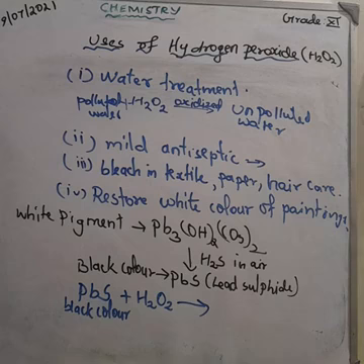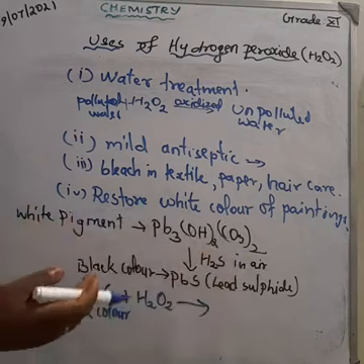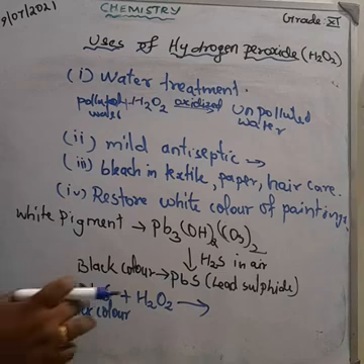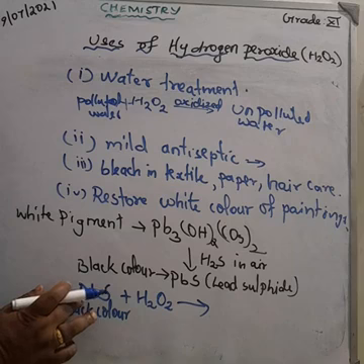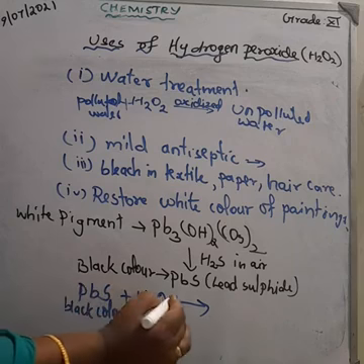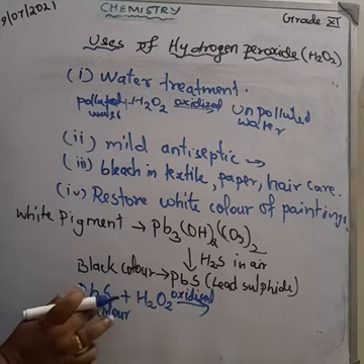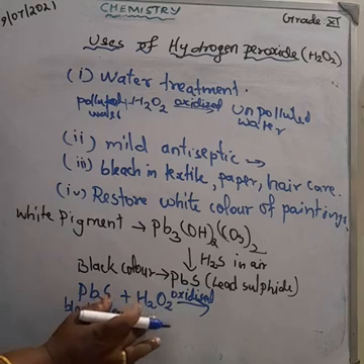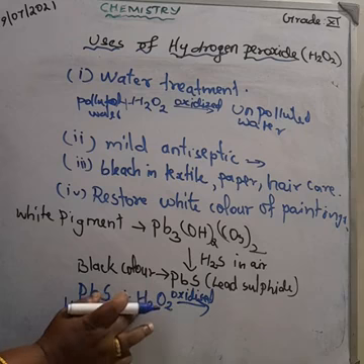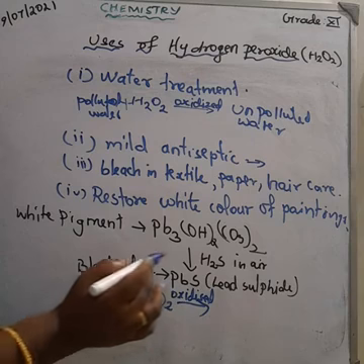When it reacts with the hydrogen sulfide, H2S, in air, it forms lead sulfide, PbS. When we use hydrogen peroxide, H2O2, in paint, it oxidizes this lead sulfide to lead sulfate.